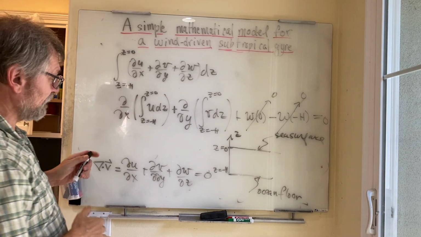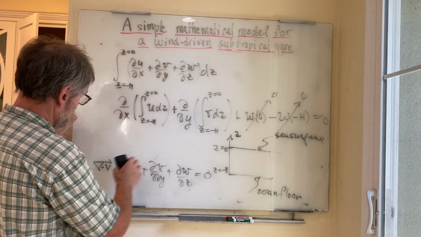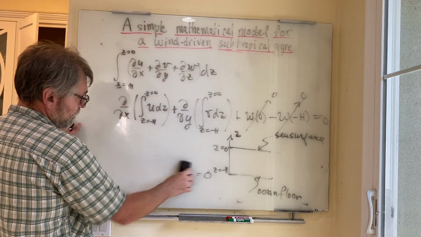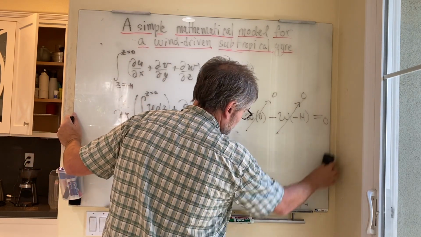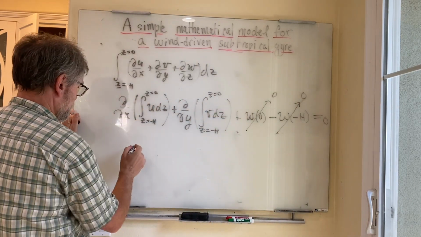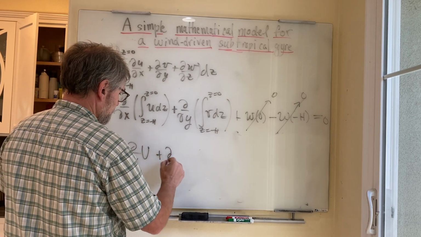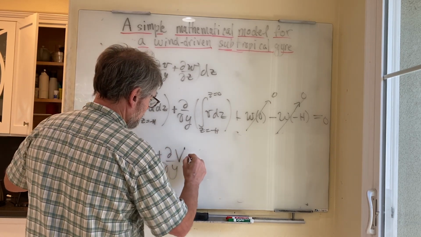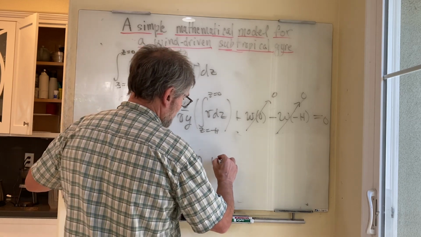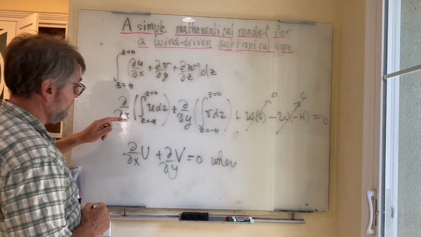And so what we're left with instead is just a two-dimensional divergence equation for the continuity equation. We just get the following. d by dx of U plus d by dy of V is equal to 0, where these capital U's and V's are the depth integrated currents.